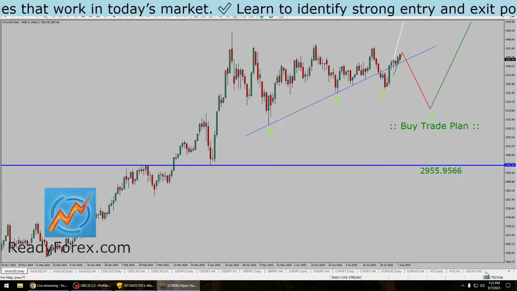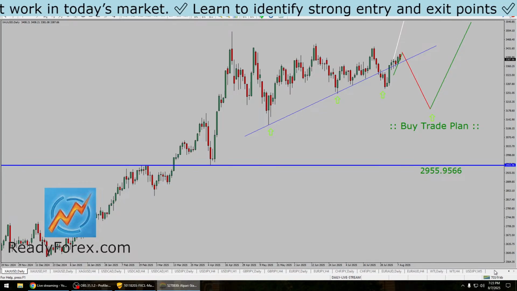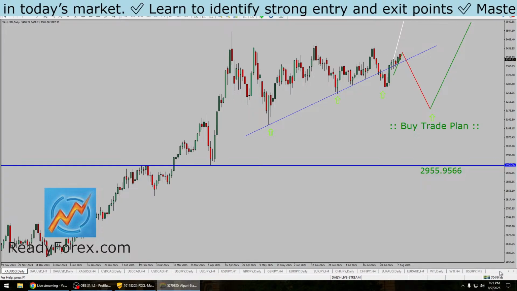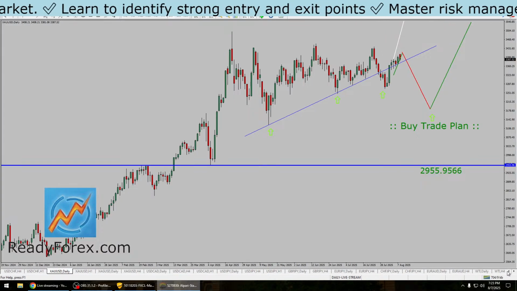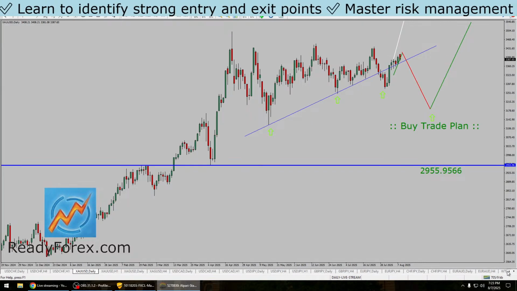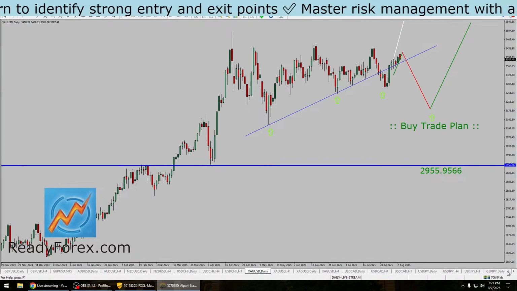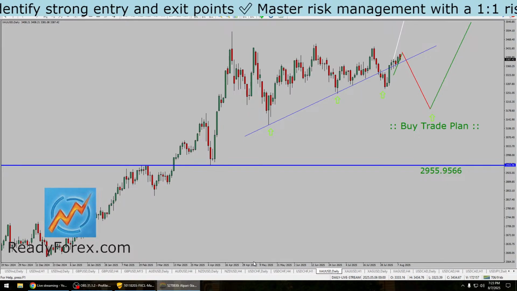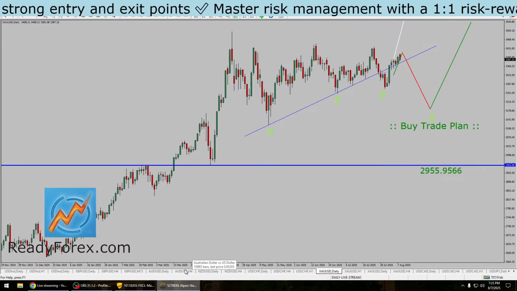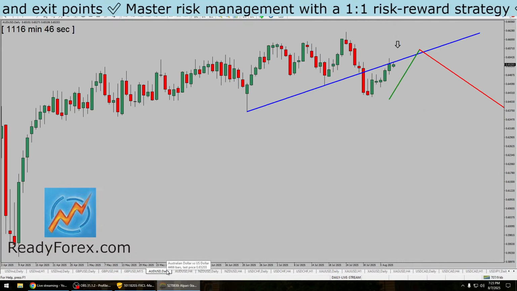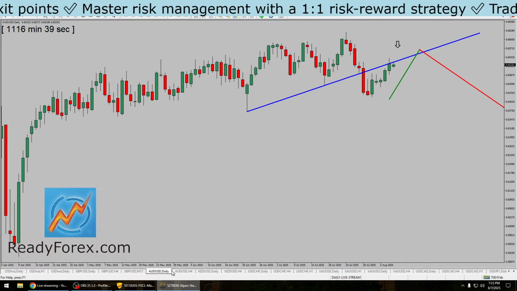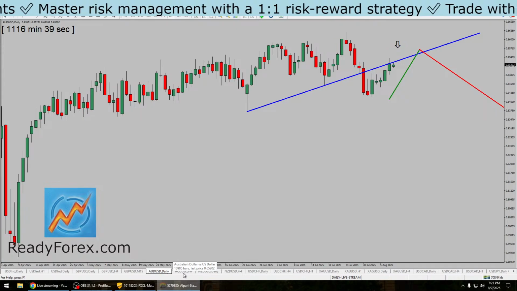So I was discussing the Australian currency, and the AUDUSD is actually trying to run up from these levels. So expect more upside in the AUDUSD currency pair.